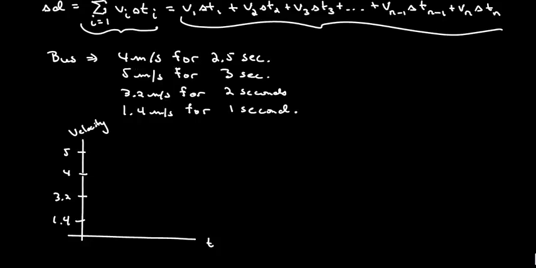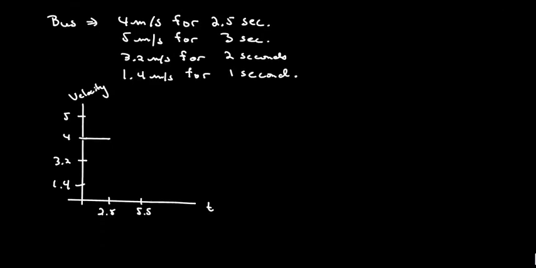So for the first 2.5 seconds, we're traveling at 4 meters per second, at a constant velocity. Then for the next 3 seconds, from 2.5 to 5.5, I want to get some room down here.